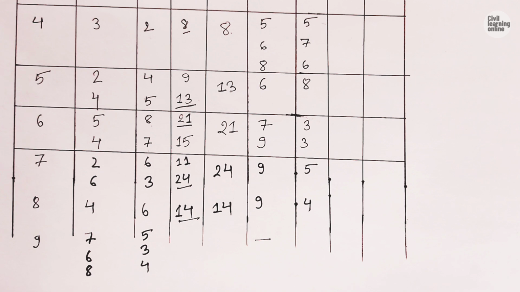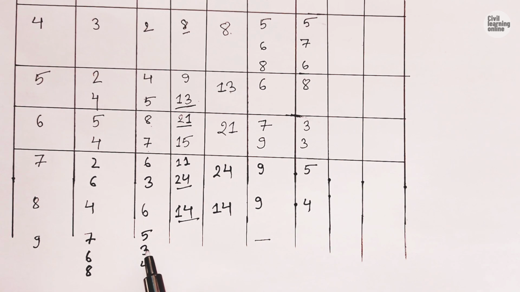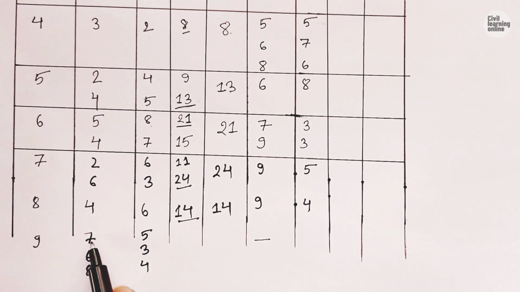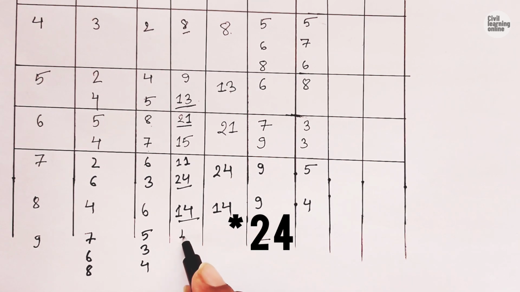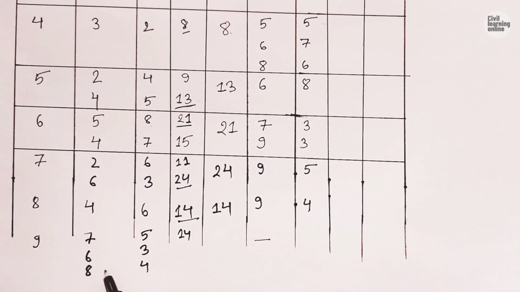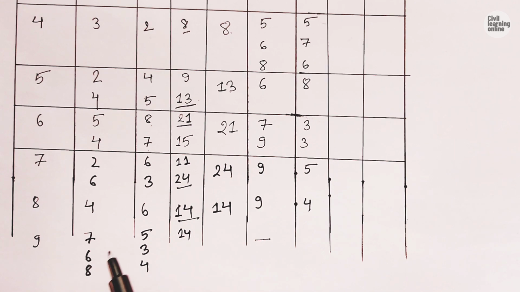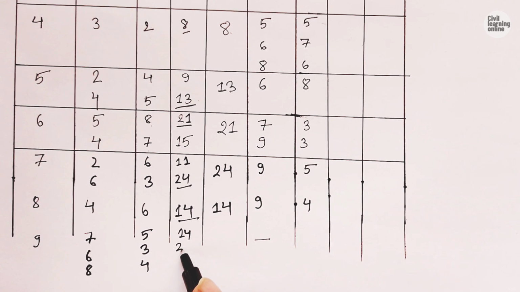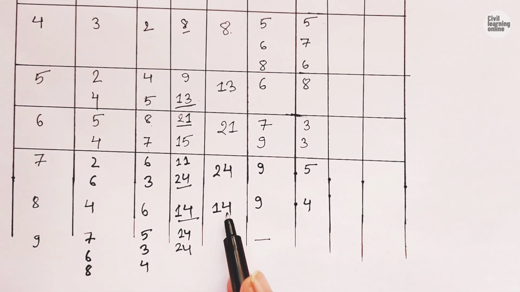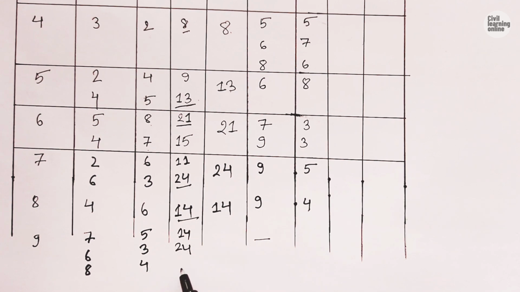On doing addition, the earliest expected time of event 7 is 9, 9 plus 5 is going to be 14. Similarly, the earliest expected time of event 6 is 21, 21 plus 3 is going to be 24, and the earliest expected time of event 8 is 14, so 14 plus 4 is going to be 18.